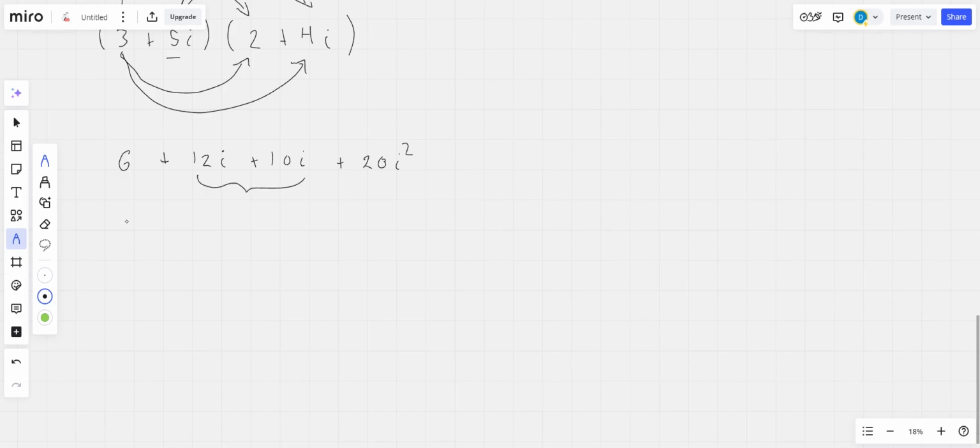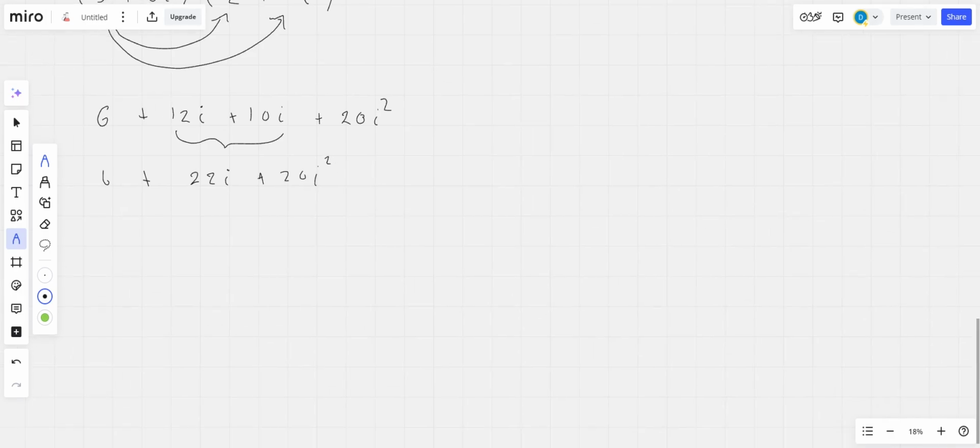We can combine these terms. And now remember, i squared equals the square root of negative 1 squared, which is the same as negative 1.